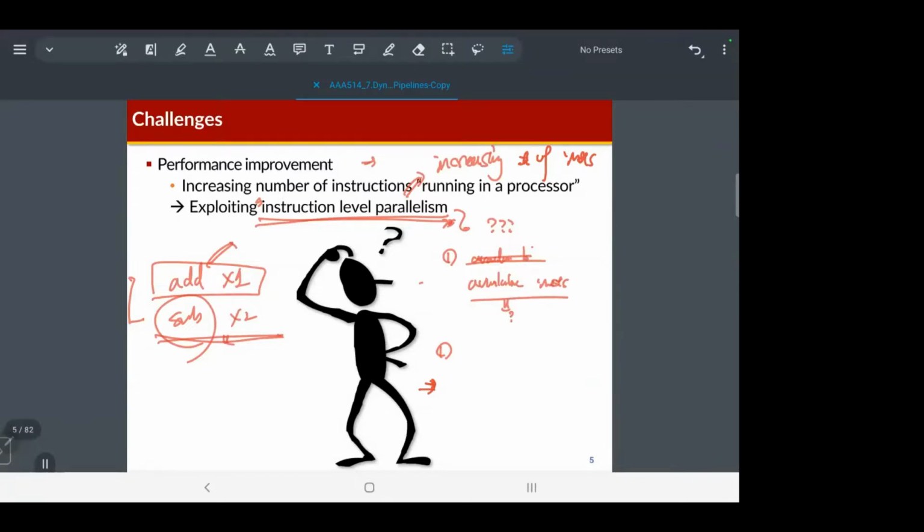In the first or second class, I explained that we can increase the performance of a processor by using parallelism, because there are many kinds of parallelism. We can exploit the instruction level parallelism. The pipeline architecture or out-of-order processor architecture exploits this instruction level parallelism to improve the performance.